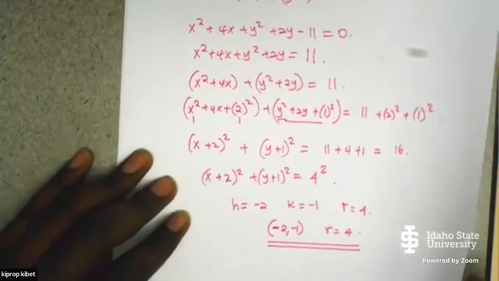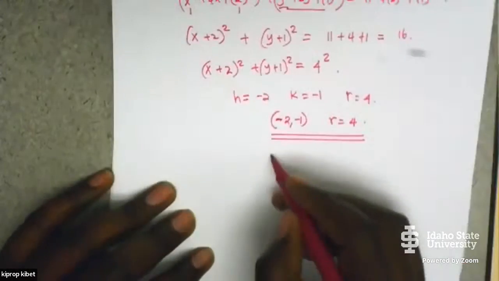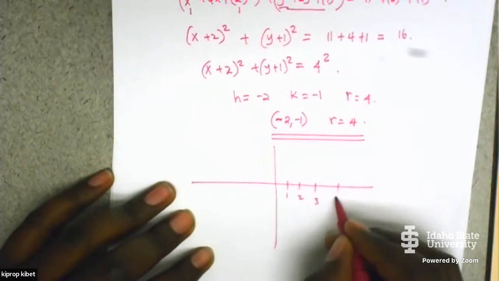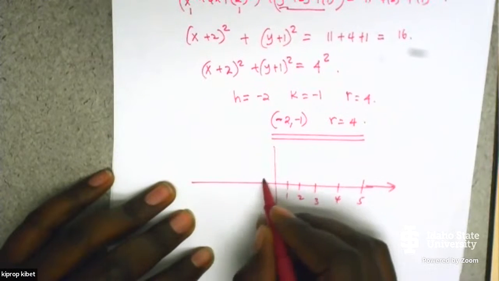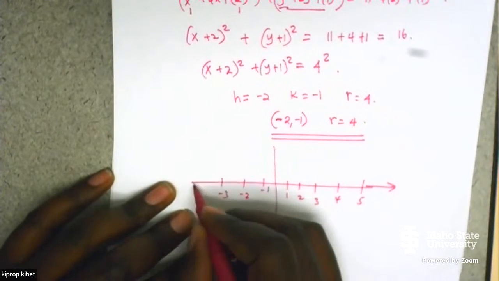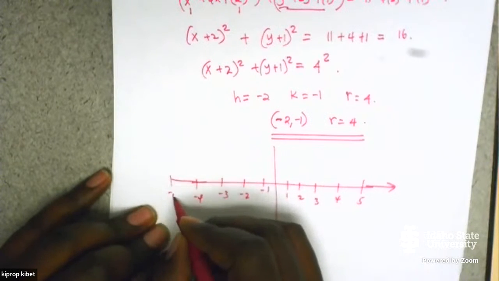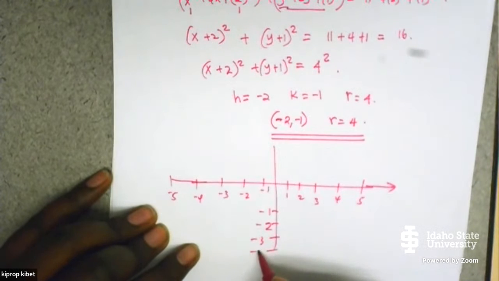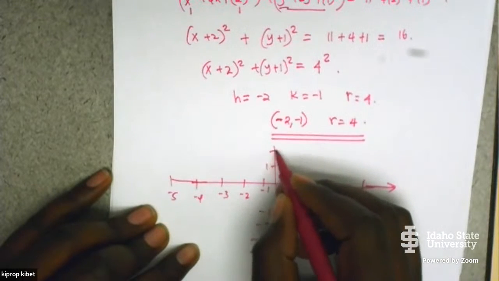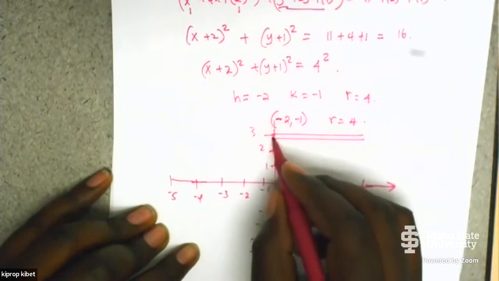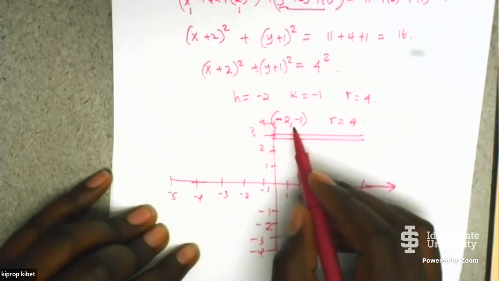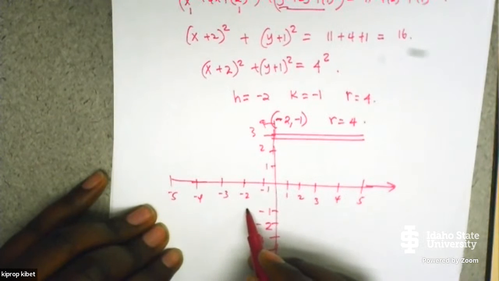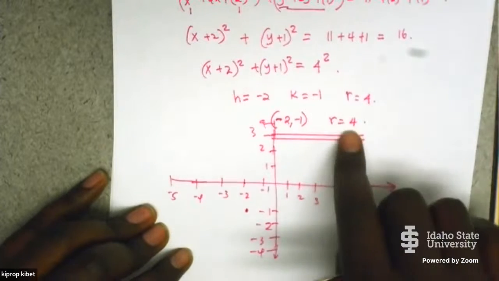So you just come and graph here: 1, 2, 3, 4, 5, and -1, -2, -3, -4, 5, -1, -2, -3, -4, and 1, 2, 3, 4. So our center is (-2, -1), and that is our center.